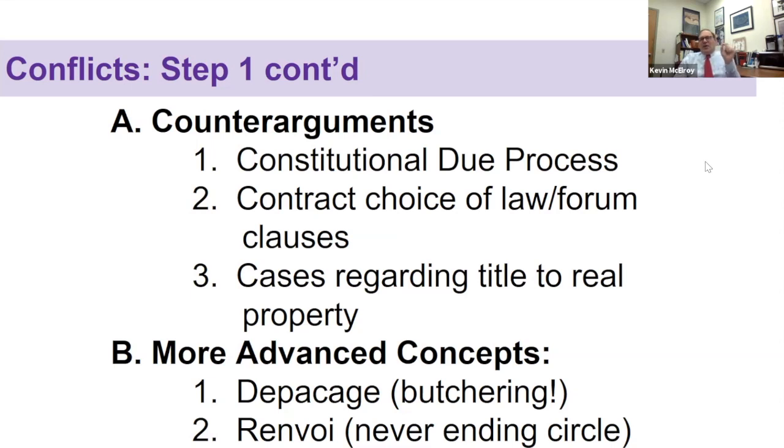Now, cases regarding title to real estate will, almost without exception, and again, pretty much without exception, but one never knows, apply the laws of the state where the real estate is located to determine who owns the real property, okay?